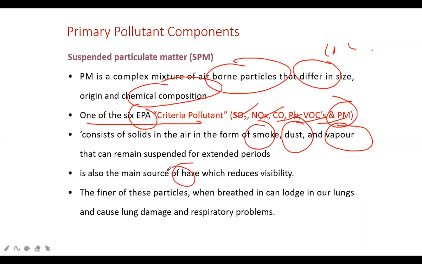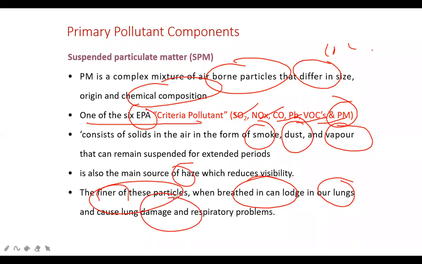Once you have finer particles, the finer the particles, they can be breathed in and they can lodge in your lungs, which can cause lung damage. So this is what I'm talking about, better air pollution. And no doubt, these are the things which are of primary importance when talking about the air pollutants. You need to take care of these things.